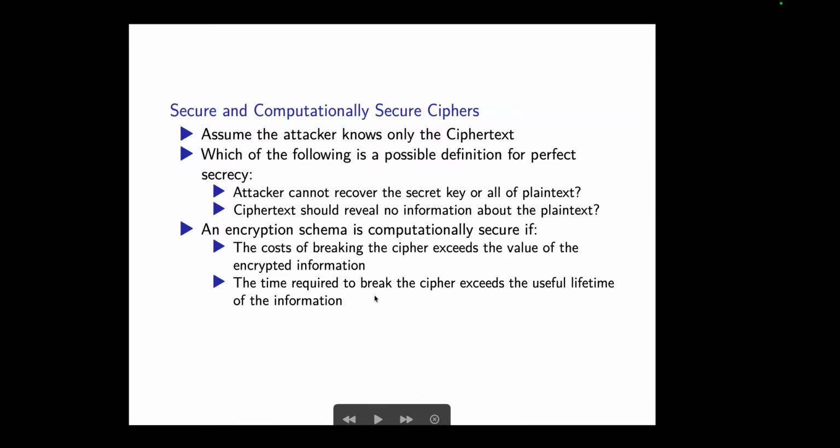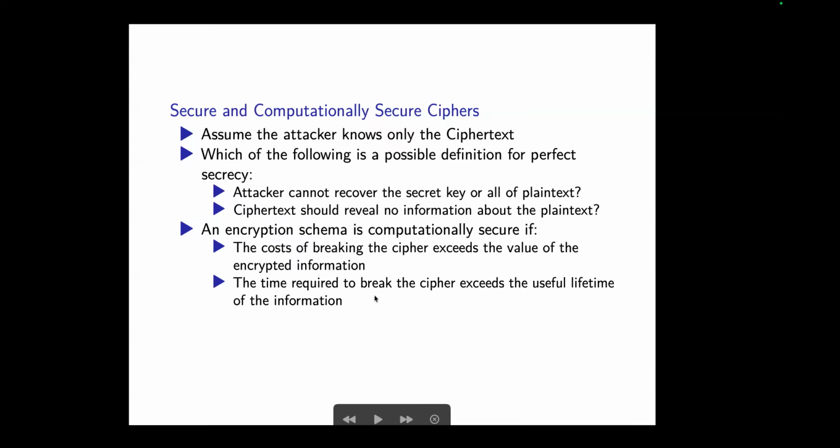And that's not perfect secrecy, right? Because this leaks some information that is recoverable. It does not leak the key, but it leaks something, right? And then the second one says, no, we cannot even do that. We cannot even guess stuff, right? So this one is a stronger condition.